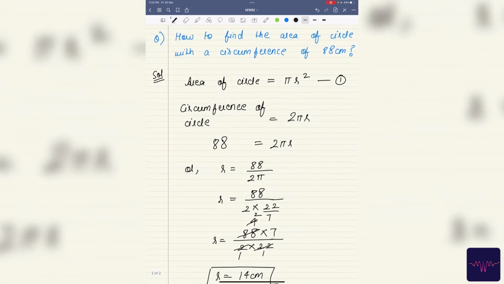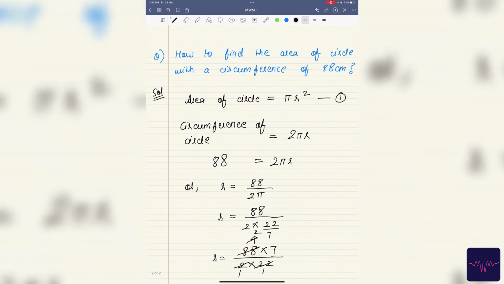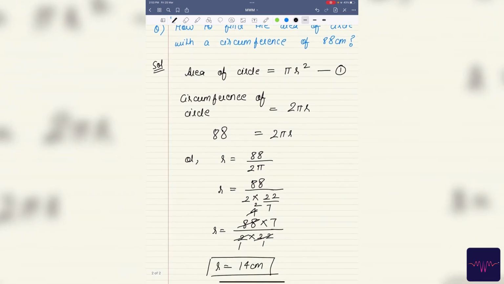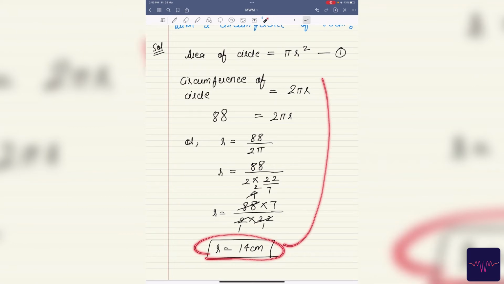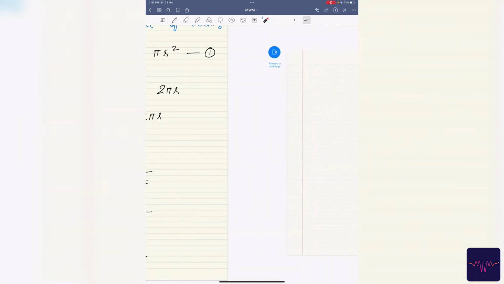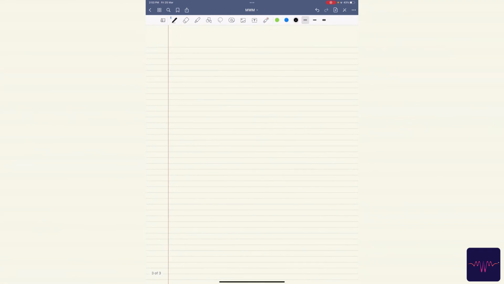Okay, now since we have found the radius, to find the area it's very simple. You take this value and you put it in this equation, and here we have our area. So area of a circle equals, we are going to replace pi as 22 by 7, radius as 14 square.